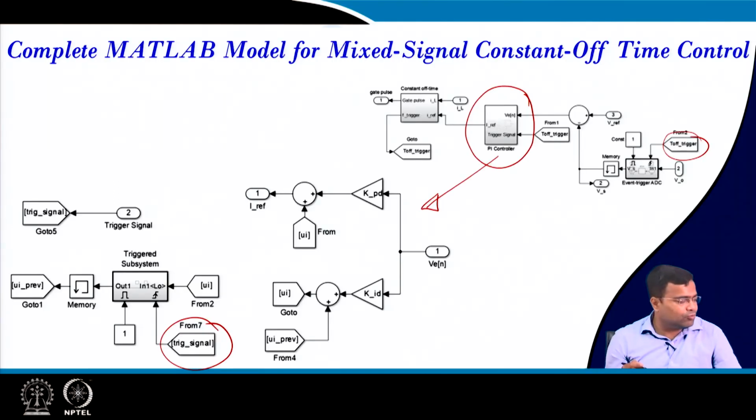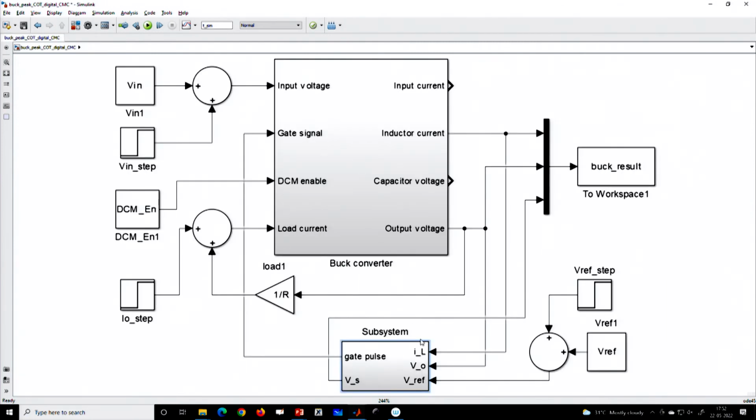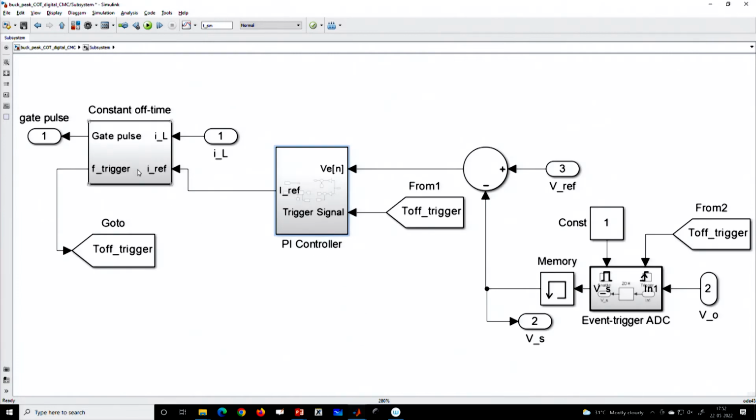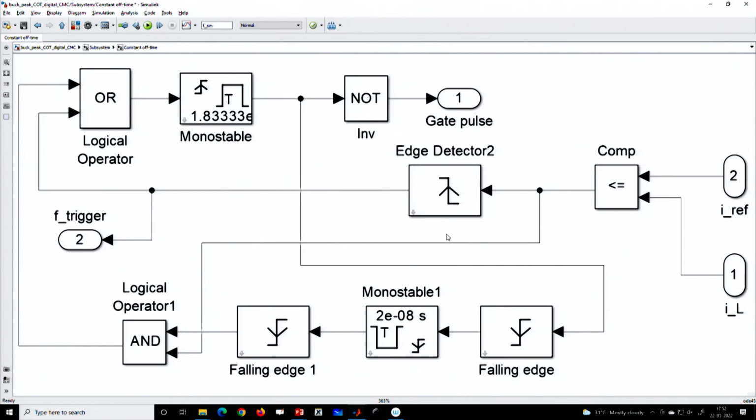So, let us go to MATLAB. This is the complete representation of this circuit, the buck converter, whatever we have discussed, and the trigger pulse is generated from here. If you go to this monoshot timer, the comparator output, you can see that whenever the inductor current hits the peak current, the edge is detected, and that is the trigger pulse.